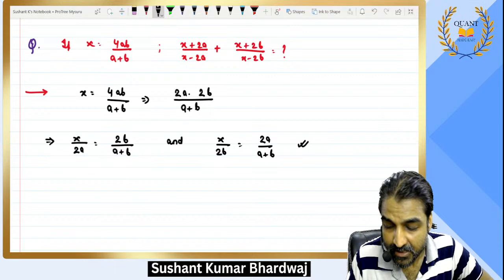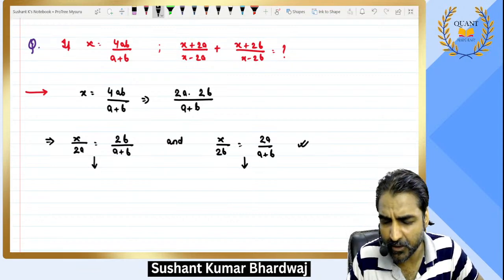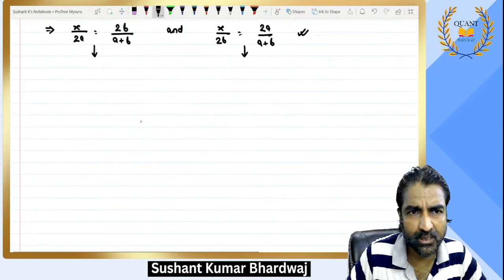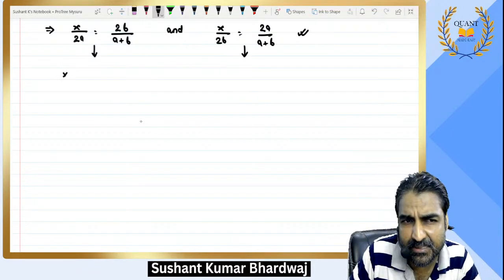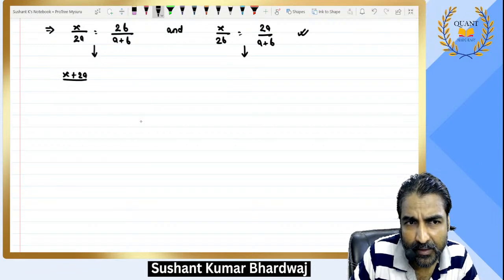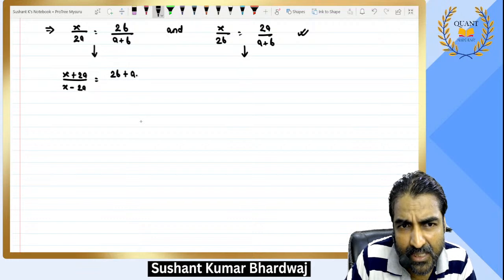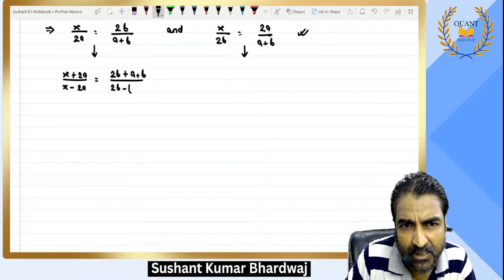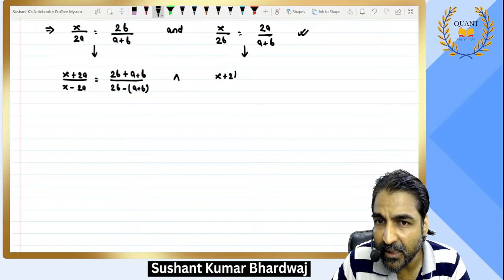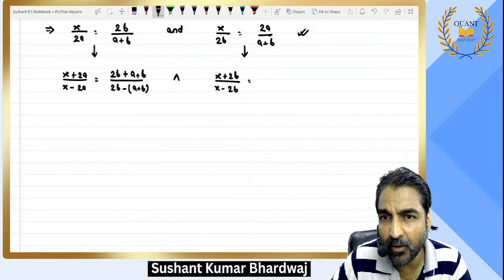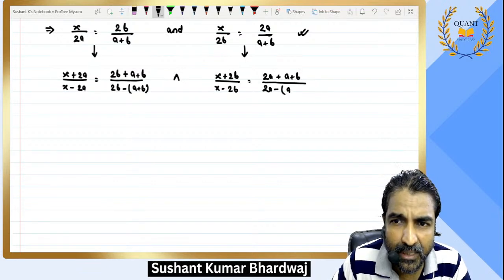Okay, now see, applying componendo and dividendo. In this we will apply componendo and dividendo, and in this too. It's of the form a upon b is equal to c upon d, so x plus 2a upon x minus 2a will be equal to 2b plus a plus b upon 2b minus a plus b, and x plus 2b upon x minus 2b is equal to 2a plus a plus b upon 2a minus a plus b.